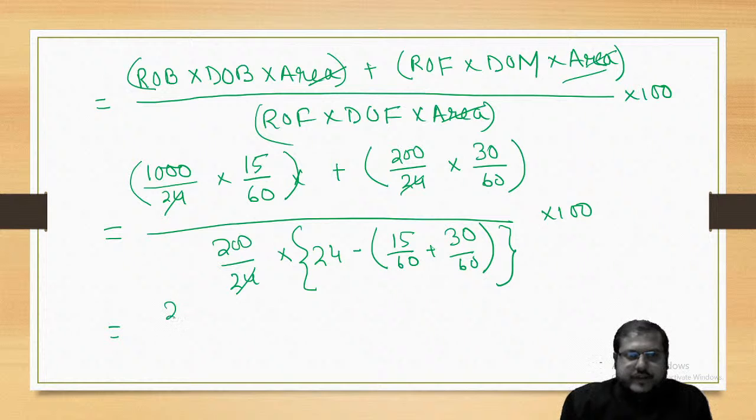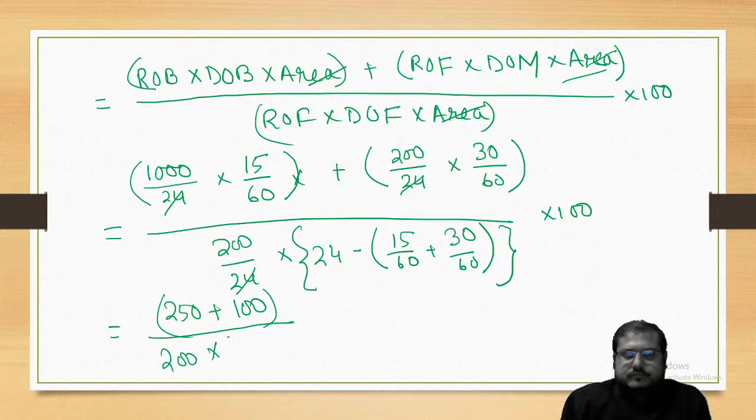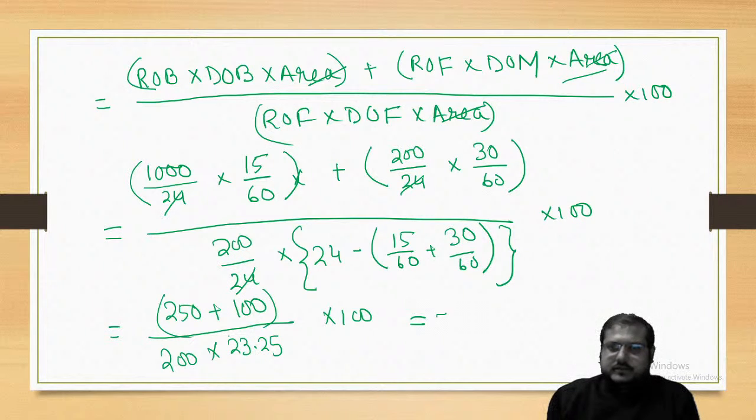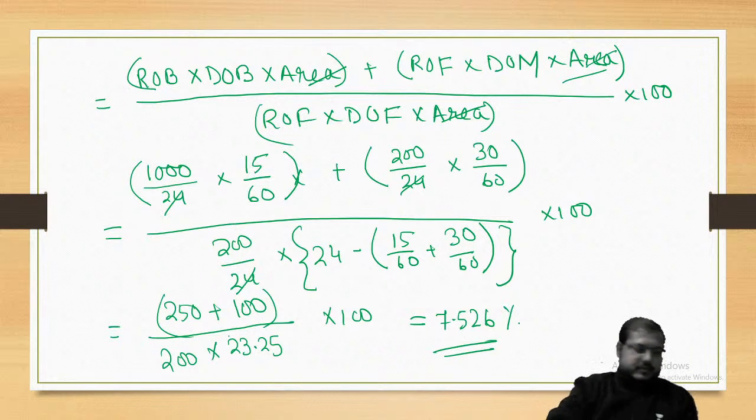So it's 250 plus 100 by 200 into 23.25, into 100, it will be 7.526%. With 7.526%.